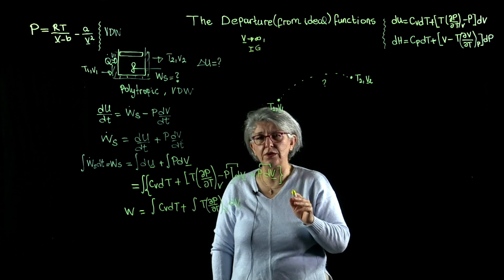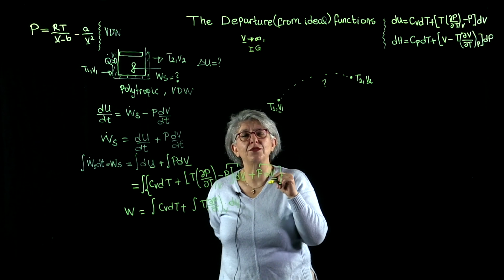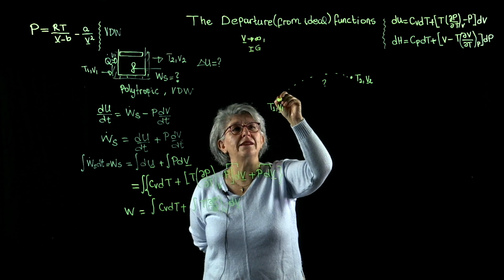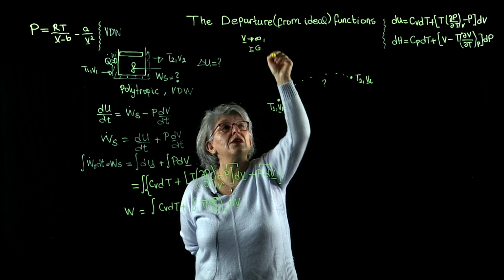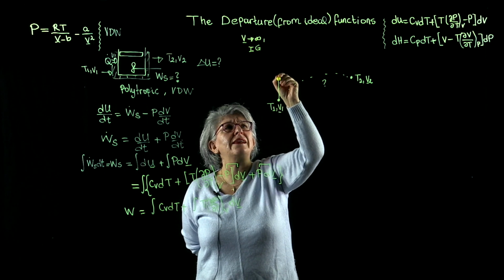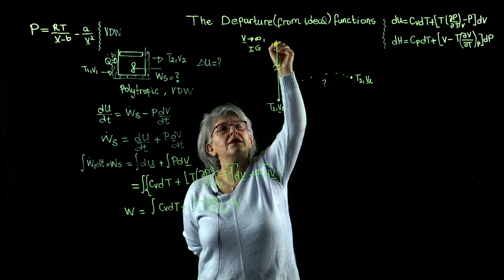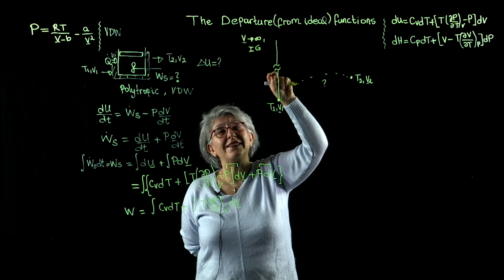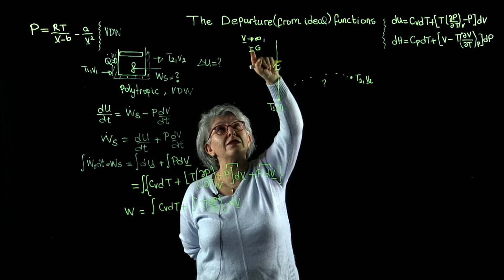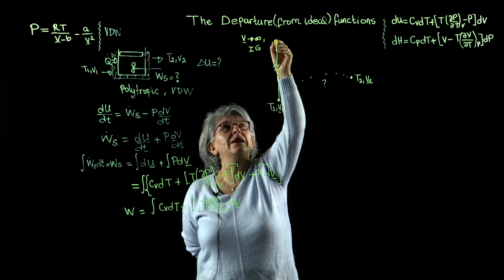So what I will do, I will devise a path which is going to take me from my T1 at constant temperature to the ideal gas state, right? So this indicates that I have cut down my path because this is going to infinity.